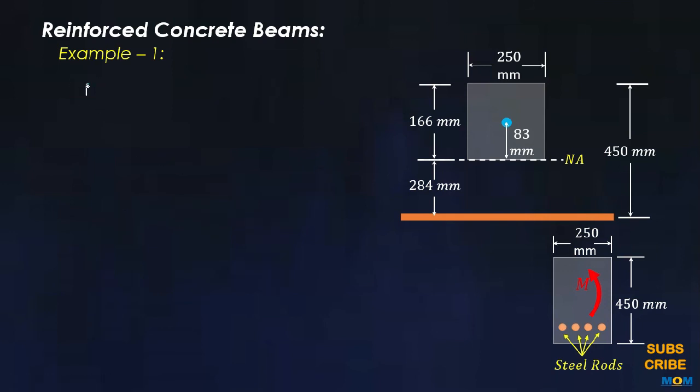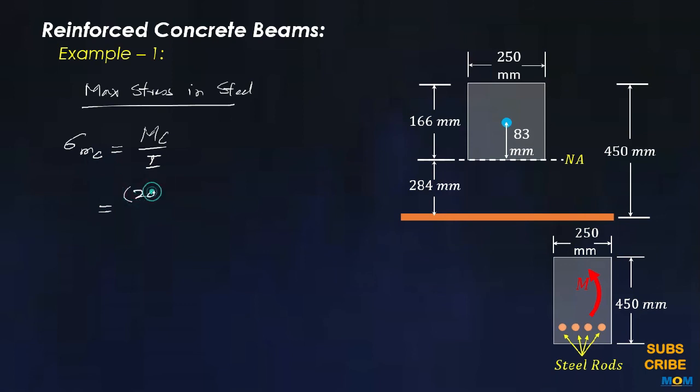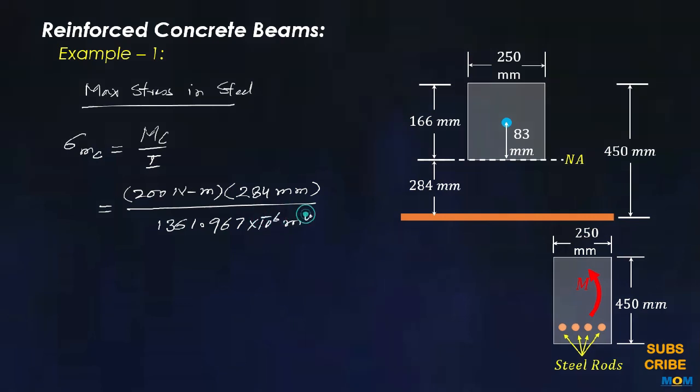Now for maximum stress in steel, that is sigma is equal to Mc upon I, the value of M is 200 Newton meter bending moment, and c is going to be 284 millimeter from the neutral axis, and the moment of inertia is 1361.967 into 10 raised power minus 6 meter 4.